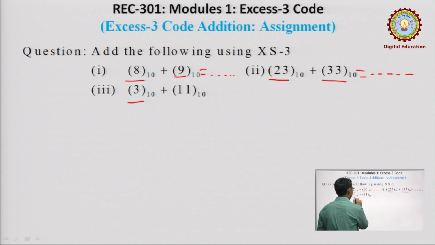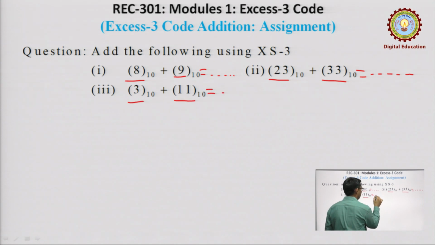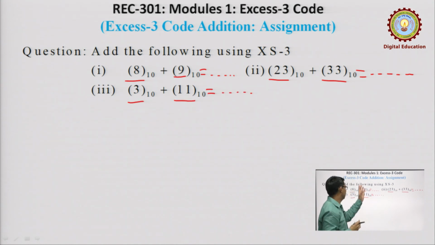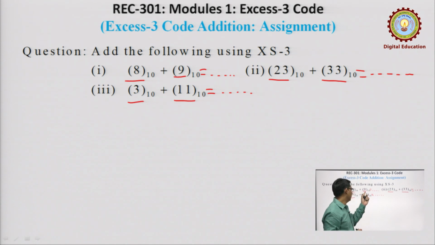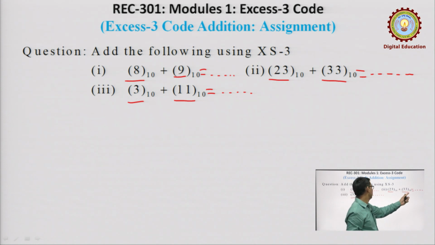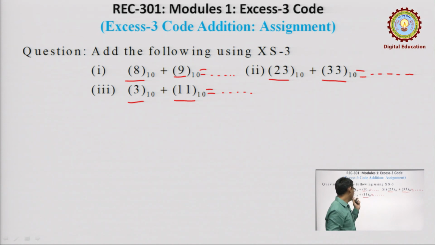And this is 3 plus 11. So, in this assignment I have covered both types of Excess-3 addition: when both the numbers are single digit, when both the numbers are two digit, and when one number is single digit and the second one is double digit.